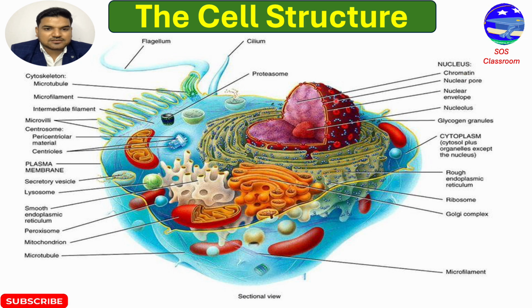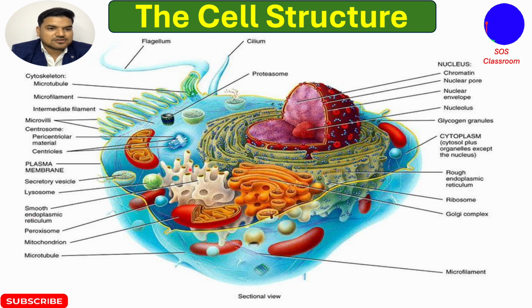This is the chromatin, nuclear pore, nuclear envelope, nucleolus, glycogen granules. These are the cytoplasm, rough endoplasmic reticulum, ribosome, Golgi apparatus or Golgi body. You can see microtubules. Mitochondria, peroxisome, smooth endoplasmic reticulum.